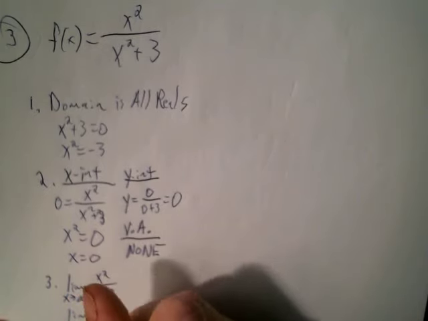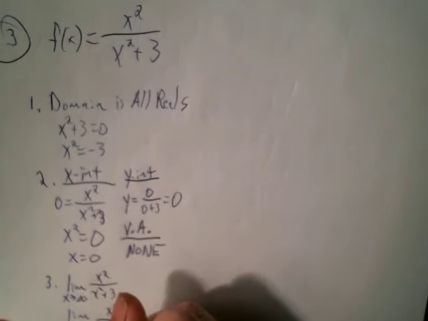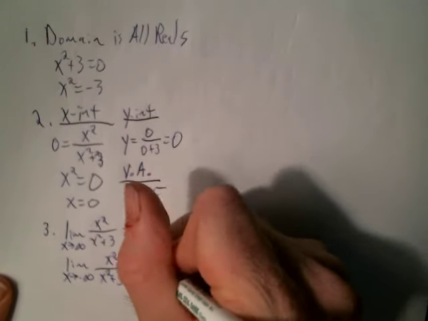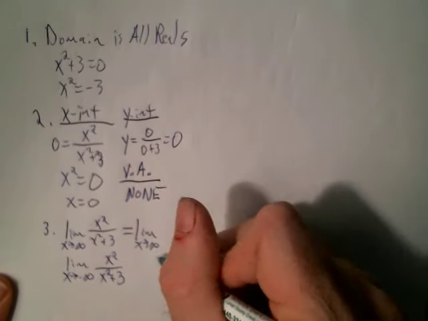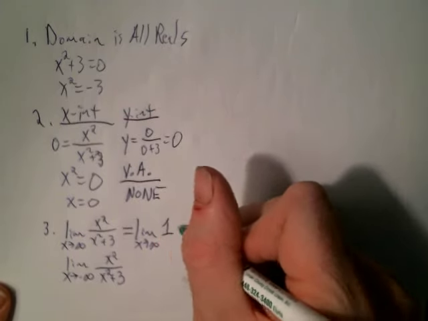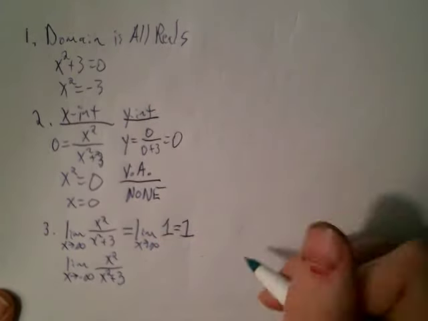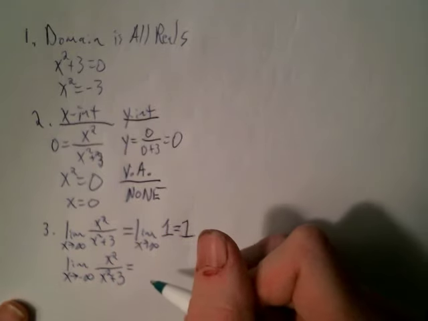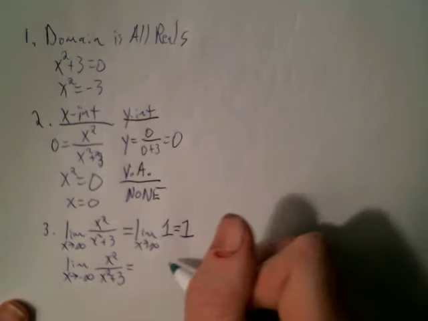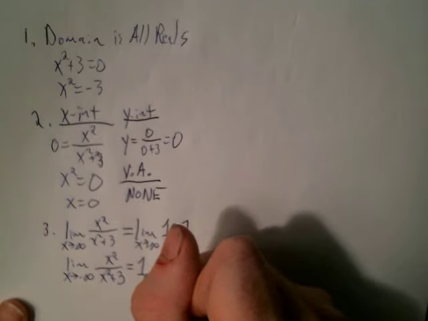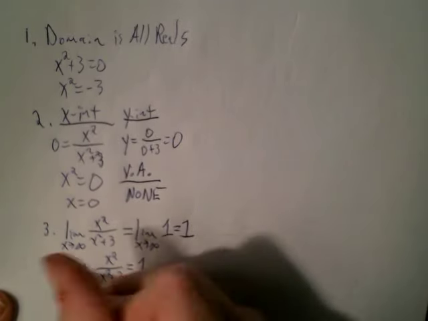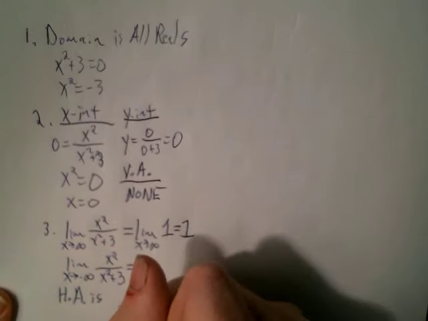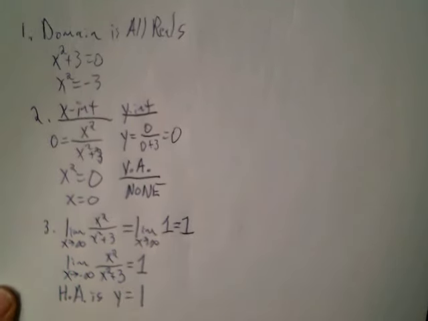Of course, in this case, they'll both be the same. This limit is the same as the limit as x goes to infinity of x squared over x squared, which is 1. And the limit as x goes to negative infinity of x squared over x squared is again the limit of 1, which is just 1. So the horizontal asymptote, HA, is y equals 1.